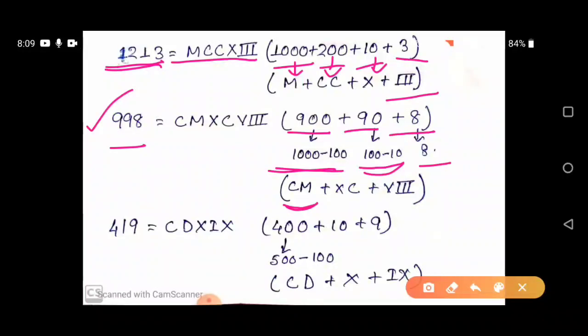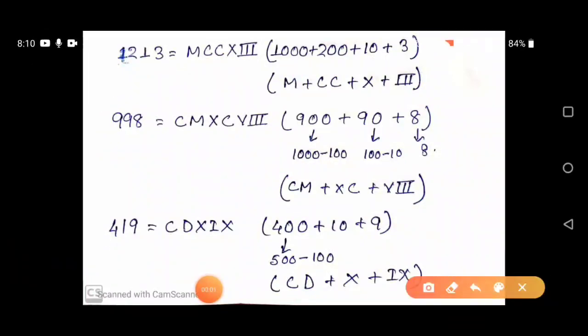So the value of C is subtracted from M as C is written on the left side of M. For 90 it is written XC. Here value of X is subtracted from the value of C as X is given on the left side of C. And for 8 it is written VIII. So the answer will be CMXCVIII.